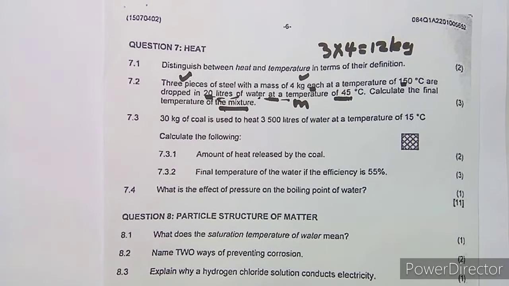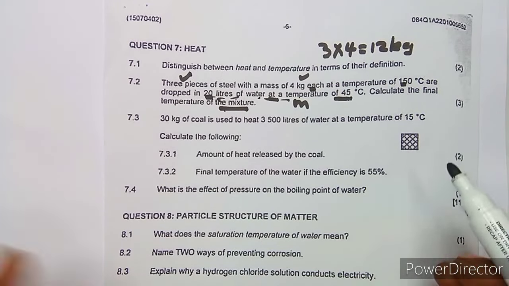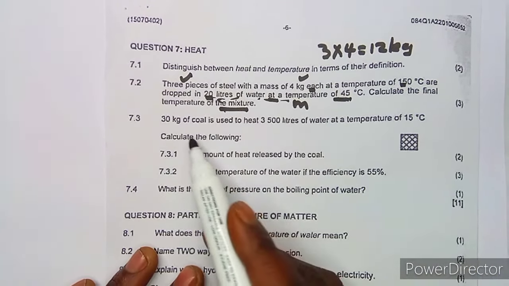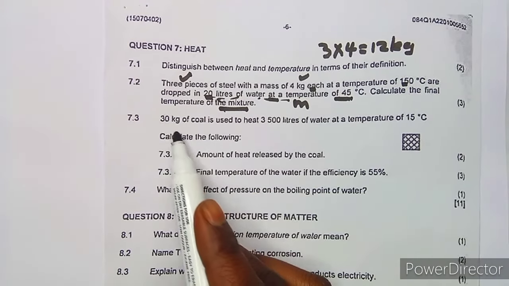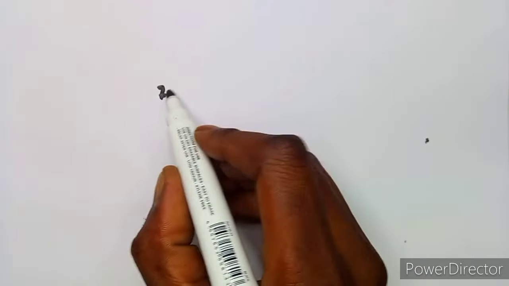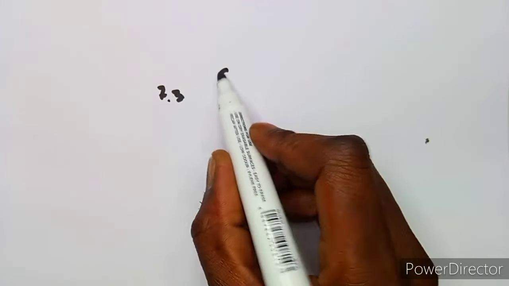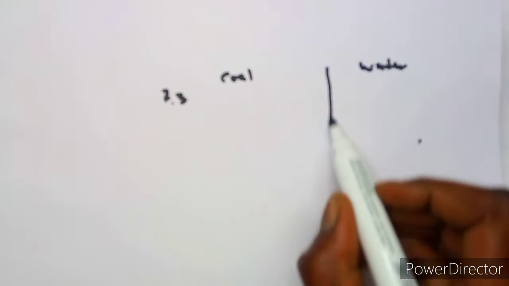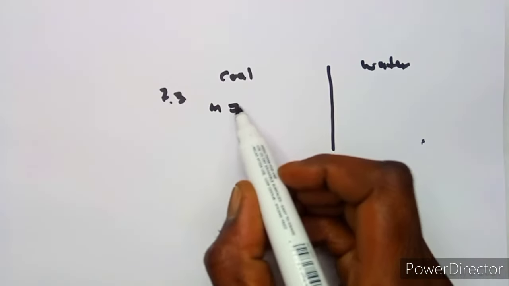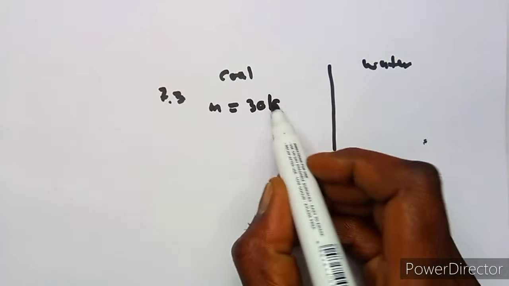All right, then on question 7.3 we had a similar but different question, only that the properties that we have now are coal, 30 kgs of coal. So this is coal now, and this is our coal and this is our water. So we have got the mass of coal, which in this case is 30 kgs of coal.